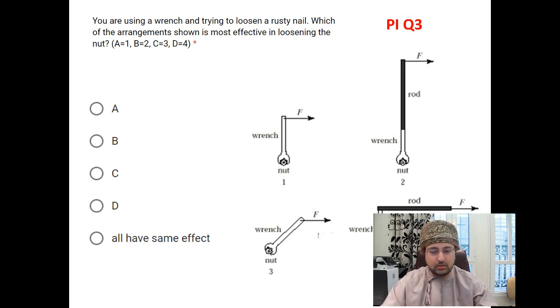Number 3, your torque is going to be reduced by some angle. And number 4, your torque is at an angle that is absolutely useless. So your correct answer will be number 2. You have maximum torque from the angle and a lot more r. This is why if you have ever seen a plumber work at your home, you will see that they usually use some really large wrenches.